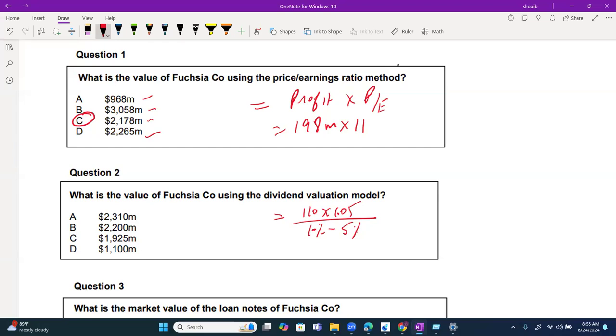In these questions the examiner is testing your concepts. Kaplan is testing your patience. So if you are unable to solve a Kaplan question, don't take it to heart. Okay? Don't worry. 2310 is the answer.